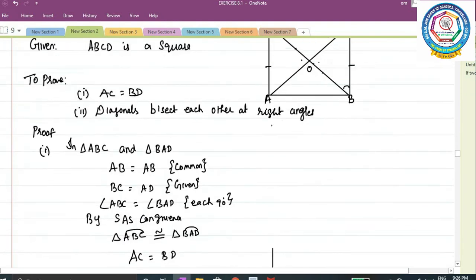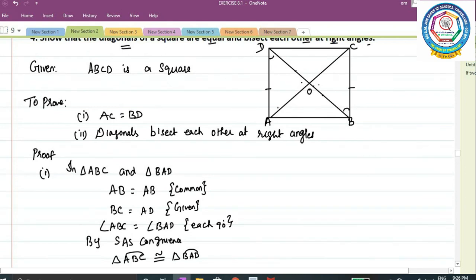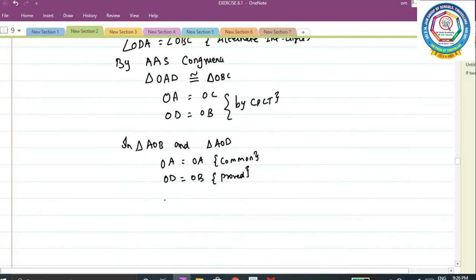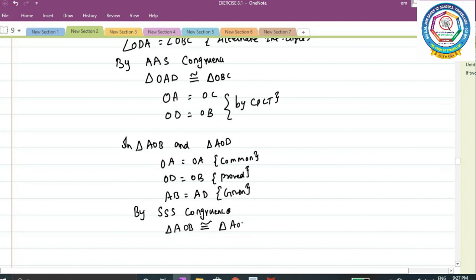Next one, here in both triangles AB is equal to AD. Because it is a square, we know this one, in a square all sides are equal. By SSS congruence, therefore triangle AOB is congruent to triangle AOD.